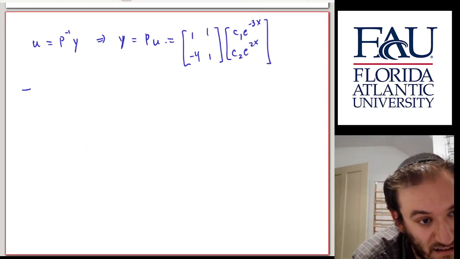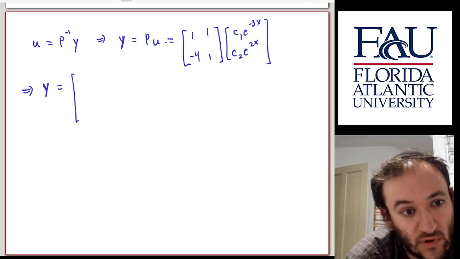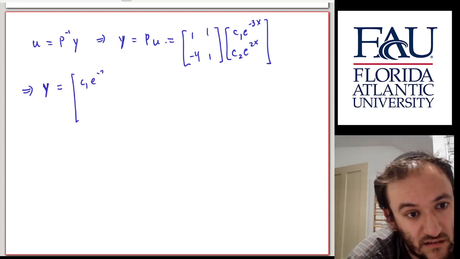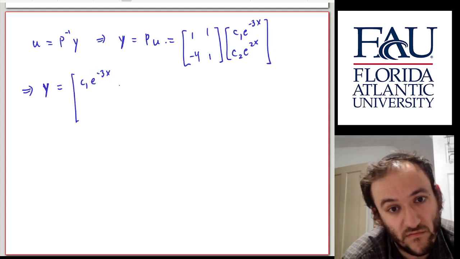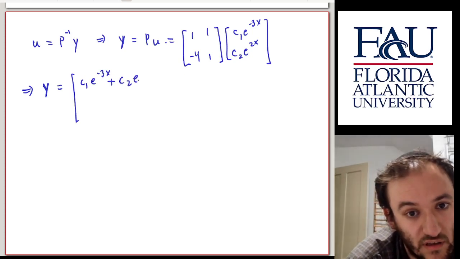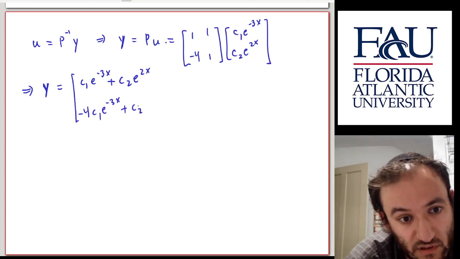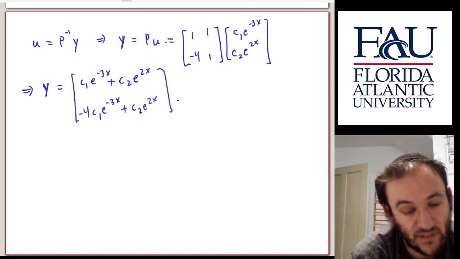That means that y is equal to (c1 e to the minus 3x plus c2 e to the 2x, minus 4 c1 e to the minus 3x plus c2 e to the 2x). And these are our two solutions.